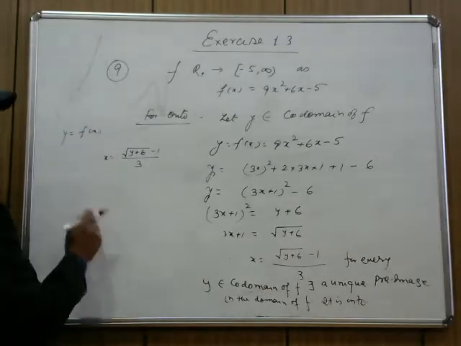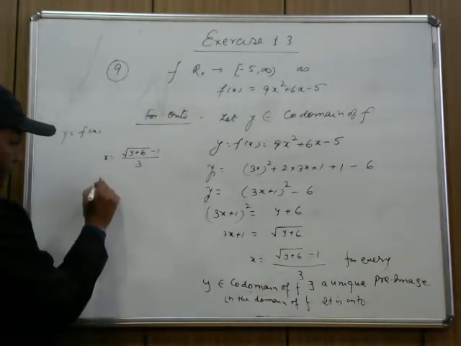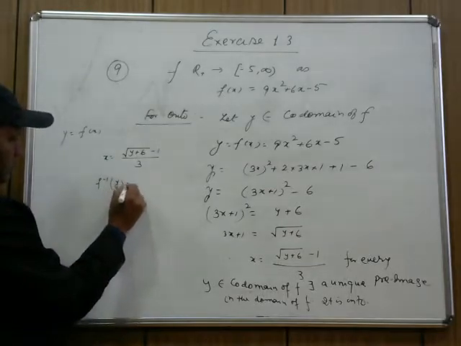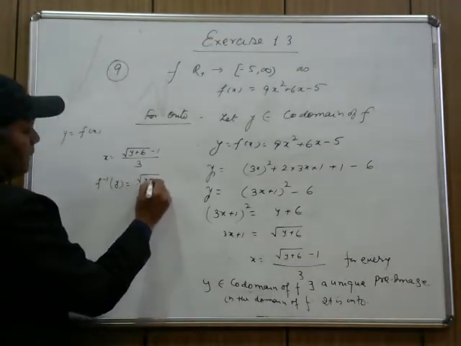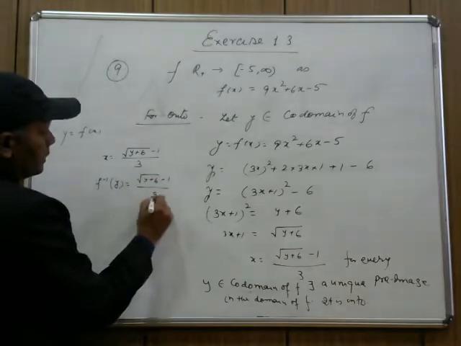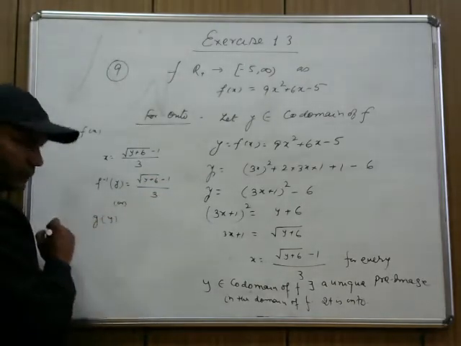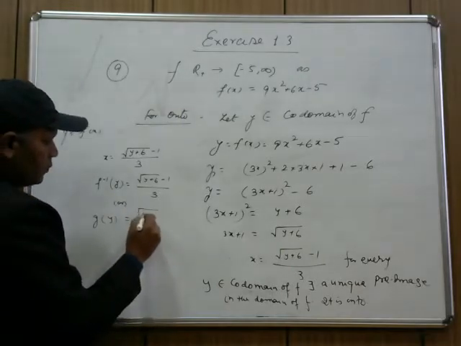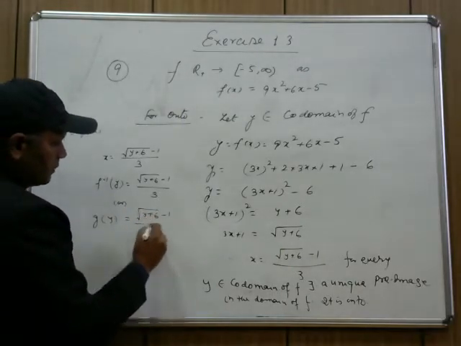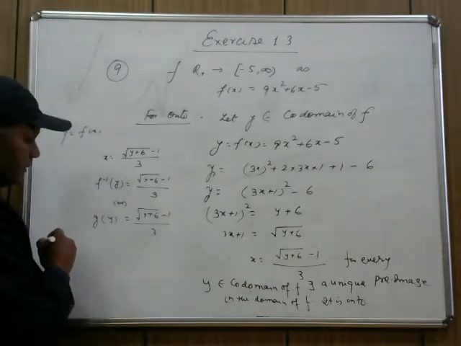F inverse of y is equal to x. Therefore f inverse of y is equal to (under root y plus 6 minus 1) upon 3, or I'll write its inverse function is given by g of y equal to (under root y plus 6 minus 1) by 3, right?